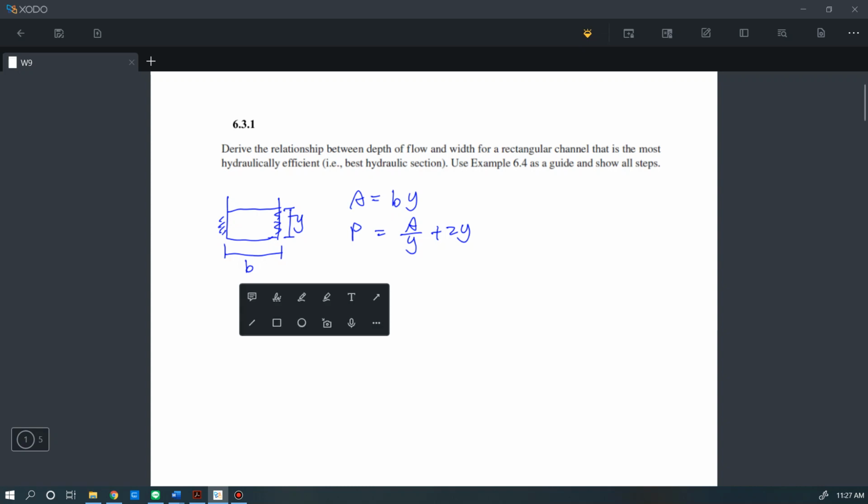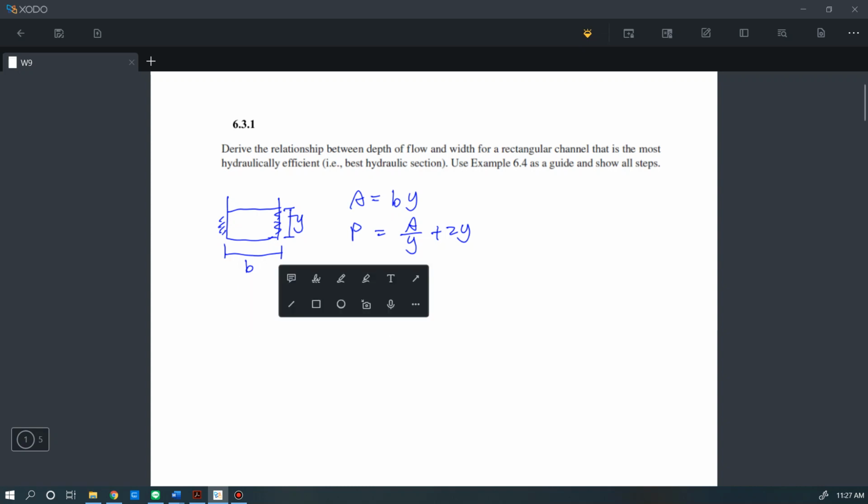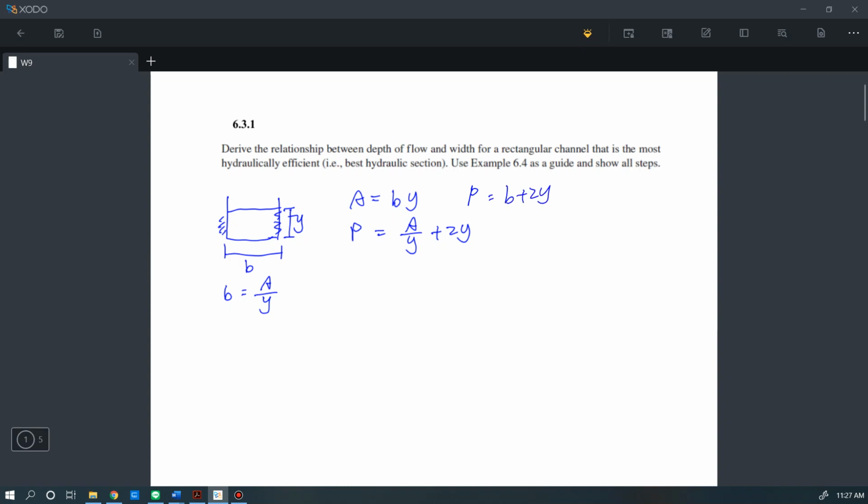And the B here is equal to A divided by Y, the area divided by Y, okay? So let me just write down P here. If we use this equation to know that B is equal to A divided by Y, and we plug it in here, then you will get this equation.